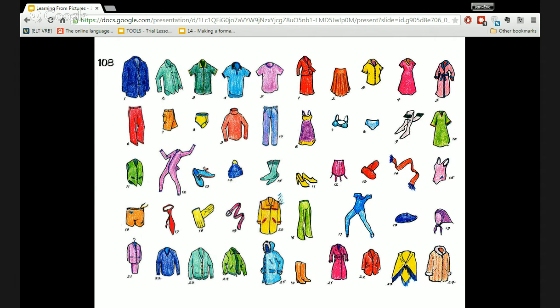So number 3, green shirts. 4 is blue. So blue shirts. Number 5 is a T-shirt, but wait a second.